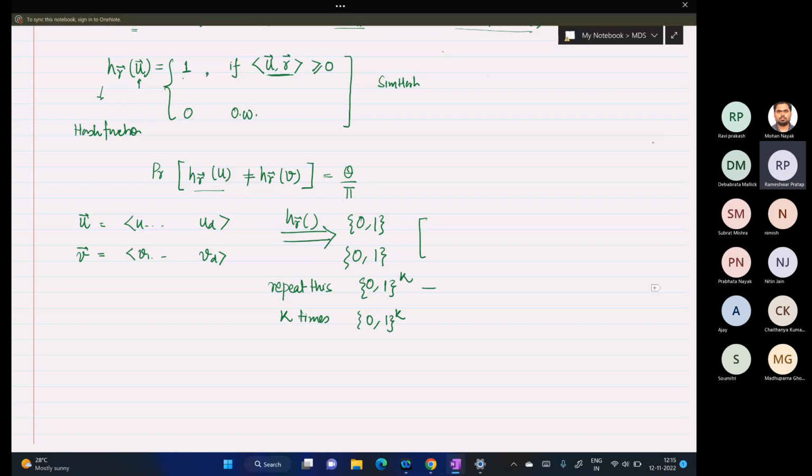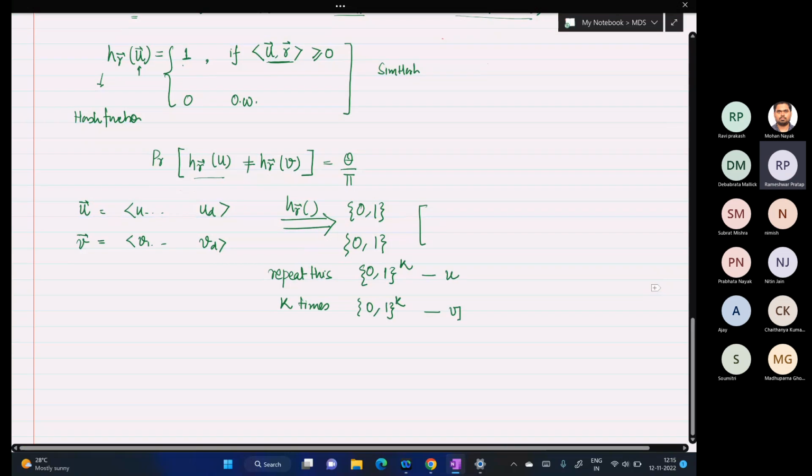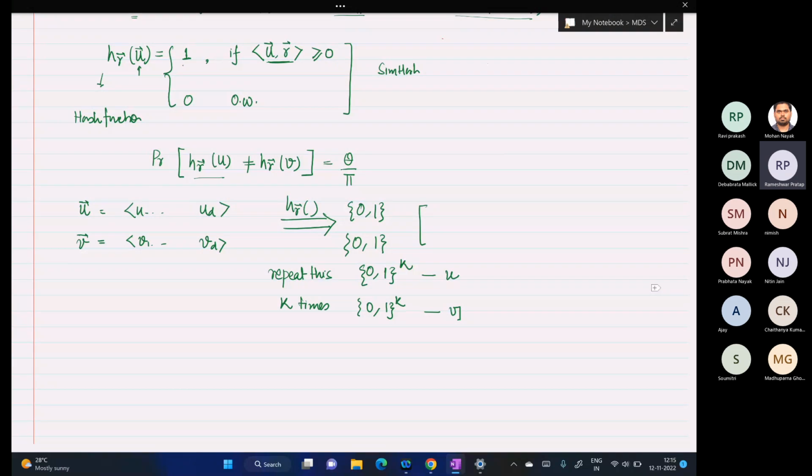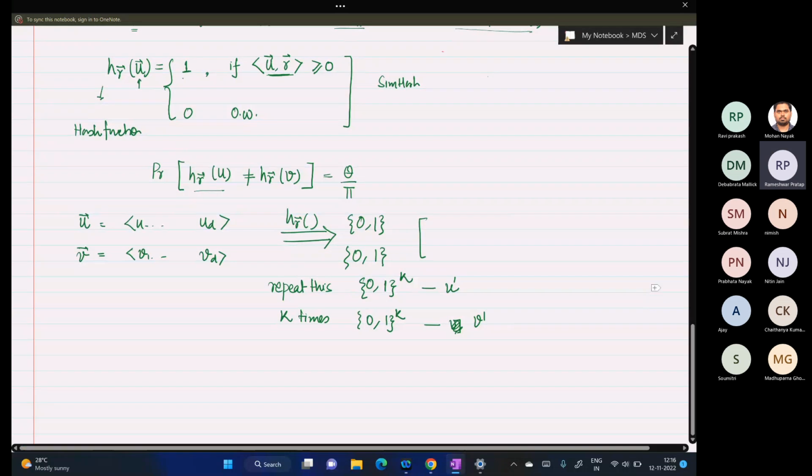This is corresponding to u and this is corresponding to v, which I'm denoting as u prime and v prime. And by computing the Hamming distance between u prime and v prime, we can estimate the cosine similarity or angular similarity, right? So does this make sense?